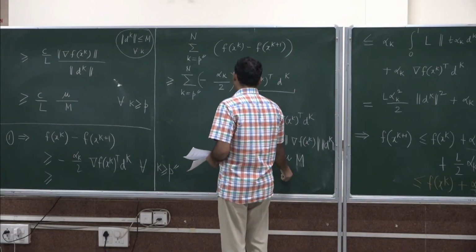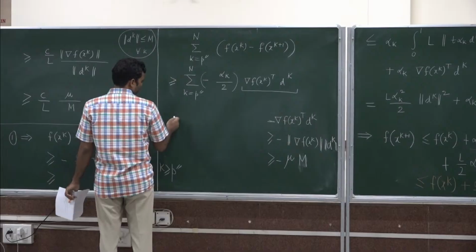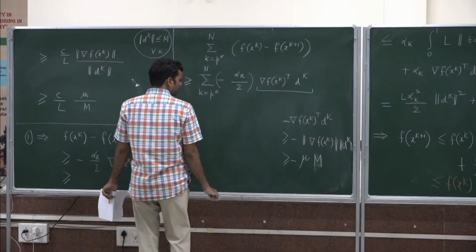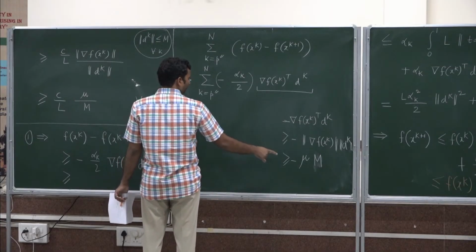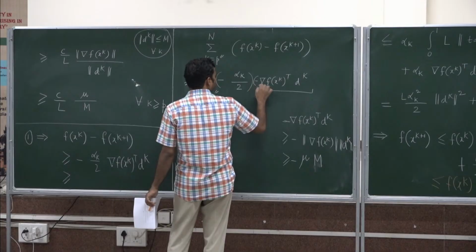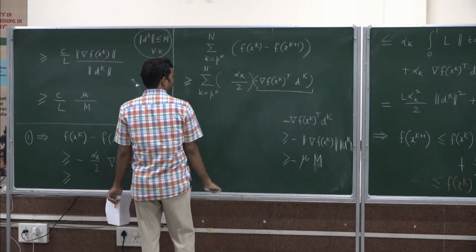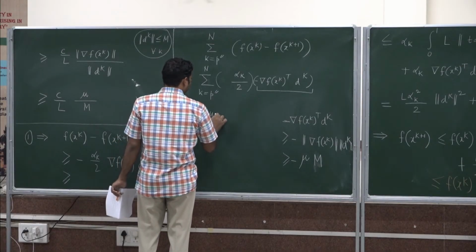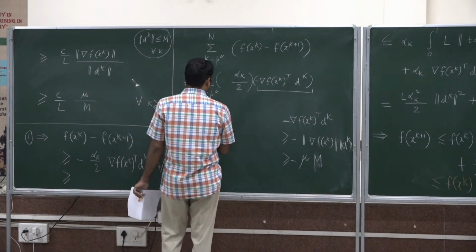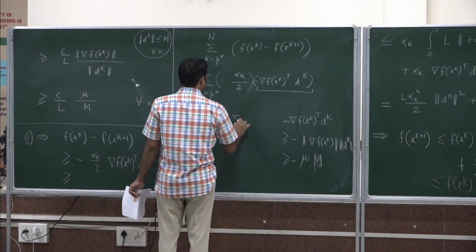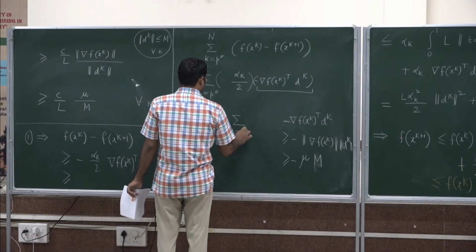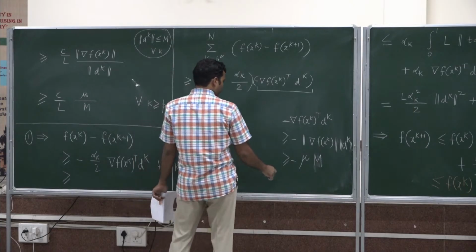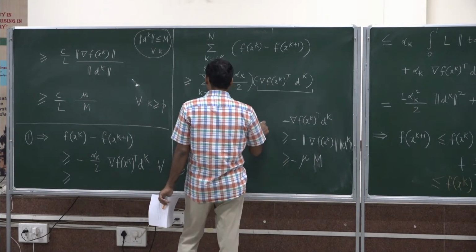Done, done. Thank you. So this will then be greater than or equal to minus alpha by 2 here, then minus mu capital M by 2, and then the summation from k equal to p double dash to capital N of alpha k, right?